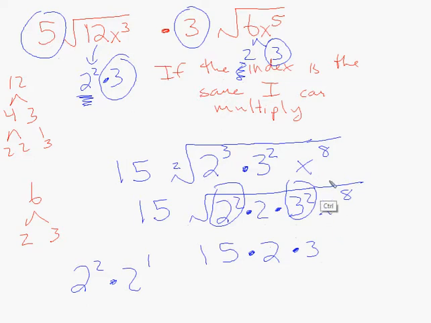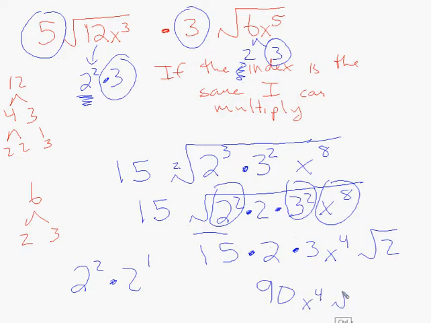And the square root of x to the 8th is x to the 4th. That leaves root 2 on the inside. Now I'm going to simplify: 15 times 2 times 3 is 90, x to the 4th root 2.